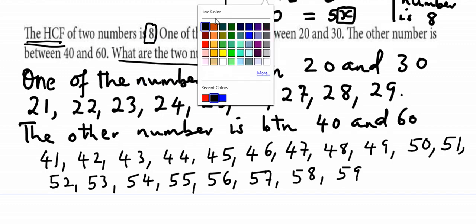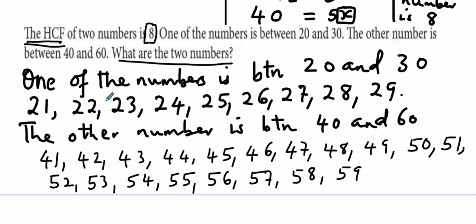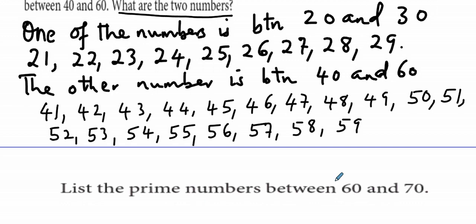We have just identified the numbers which are between 20 and 30, and we have also identified numbers between 40 and 60. So the next task is, from this list here, we have to identify all the numbers which are divisible by 8.